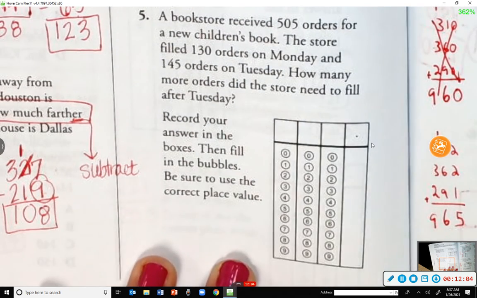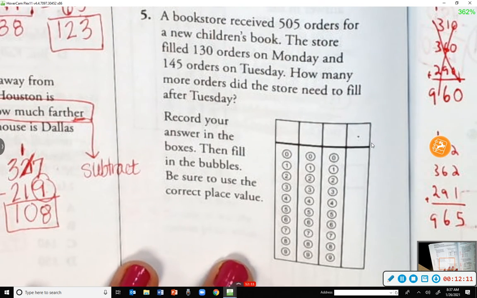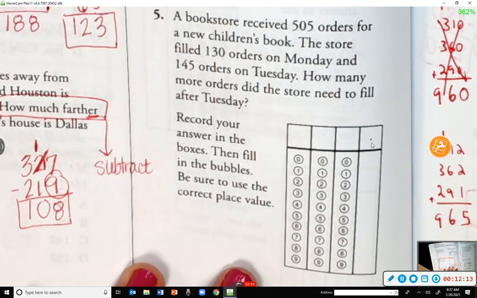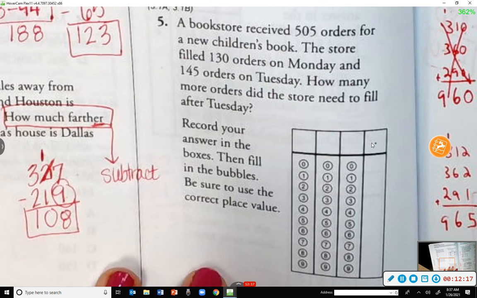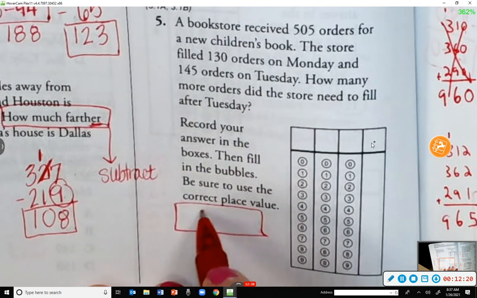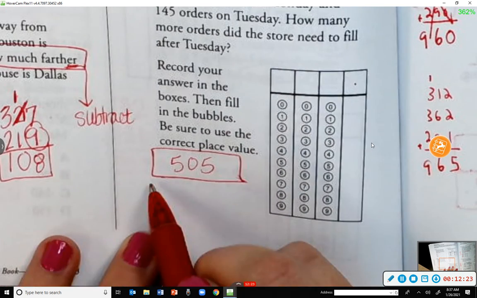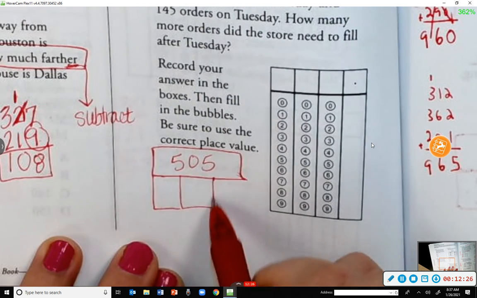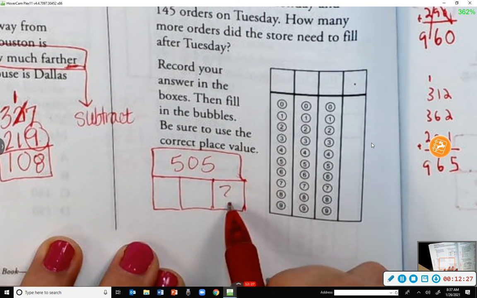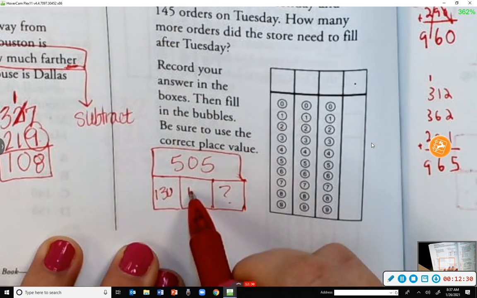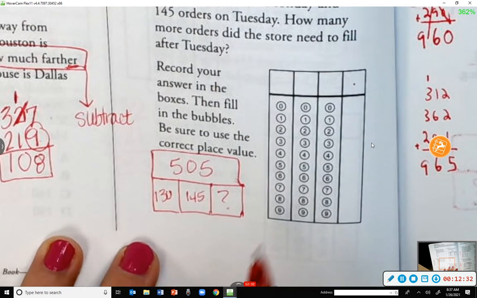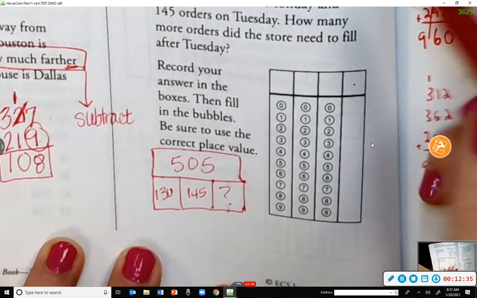You gotta be more specific. I added 130, 145, and 505. Oh, you were very close, but we don't need to add 505. Remember, that's your total. Total amount, that's your whole. So you have Monday, Tuesday, and then the rest. 130, 145. How am I going to figure out how many more orders they still need to fill?